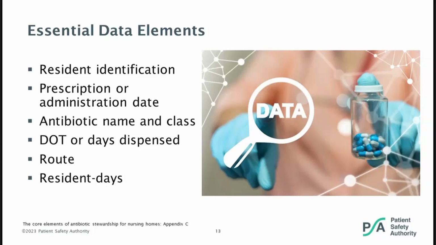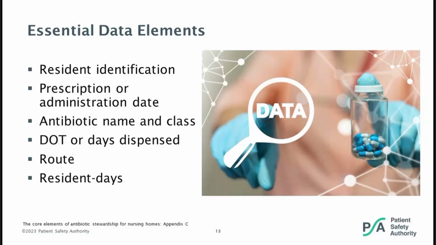When considering performance measures, it's important to understand what data is necessary to track. Essential elements include a resident identifier, when the antibiotic was prescribed or administered, which will allow comparing antibiotic use over time, the antibiotic name and class, which helps evaluate prescribing practices, days of therapy or days dispensed, as this quantifies antibiotic use over time and allows for comparisons, the route of administration, such as oral or intravenous, and residence days, which is needed to calculate your rates of antibiotic use.